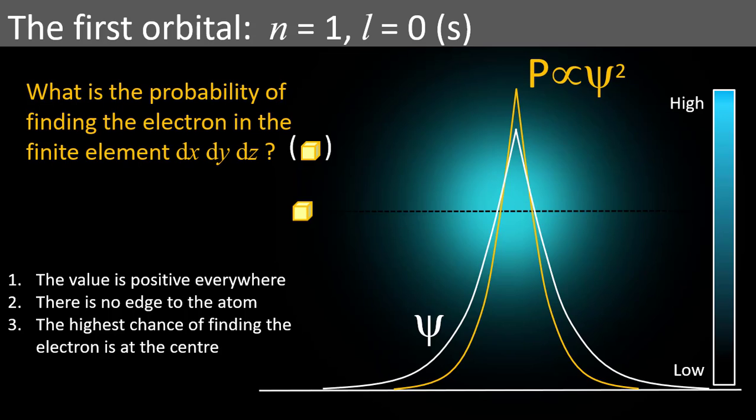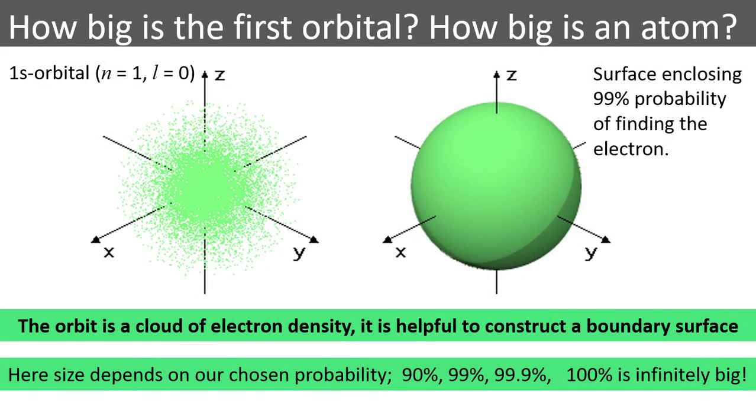And this presents us with a problem. Where is the edge of the orbital? How are we going to be able to say how big an atom is? Well, here's one way. We can use this little box to represent a point, and say, what is the probability of finding the electron in the box? Or we can reframe the question. So we could say, what is the shape of a surface that encloses a combined total probability of finding the electron that adds up to 99%?